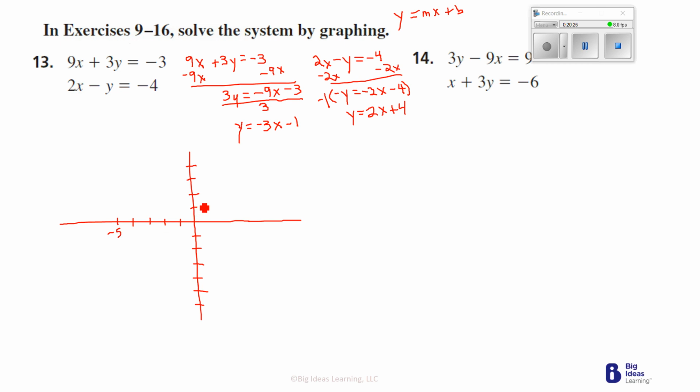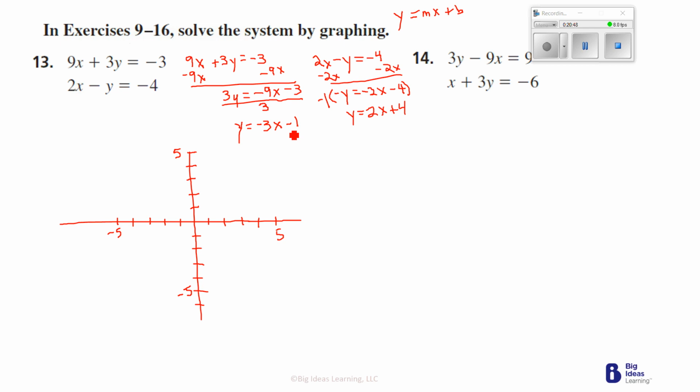Put this as -5, 1, 2, 3, 4. We'll say this is +5. Over here, 1, 2, 3, 4, 5. This is -5 on the y-axis, and then 1, 2, 3, 4, 5 on the x-axis.